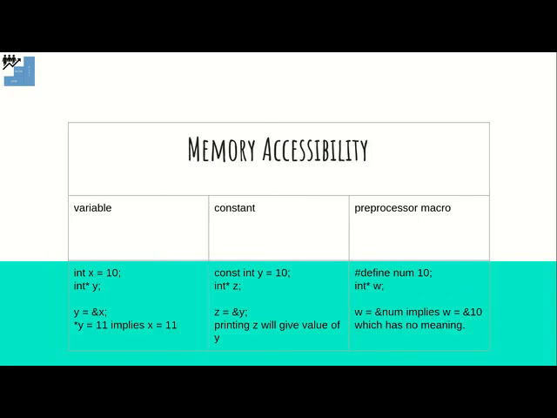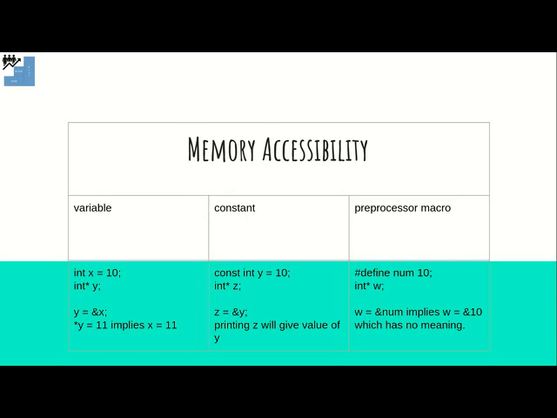Now, memory accessibility. Using a pointer, a variable can be read and written, as shown in this green block. For a constant, if you use a pointer, you can read the memory location where the constant is stored, but you cannot write on it anyway.